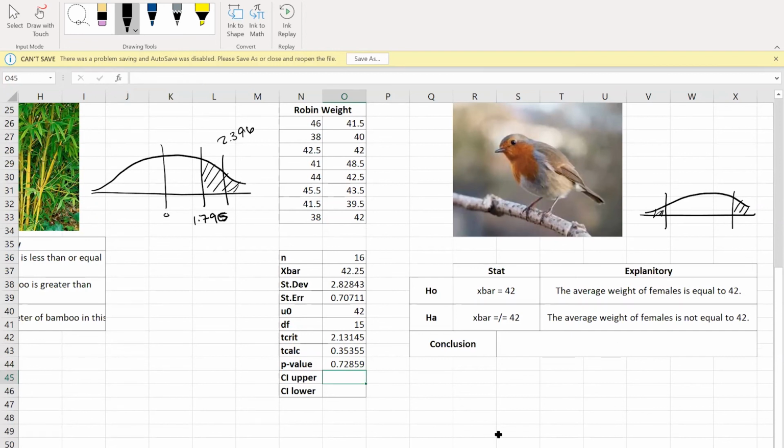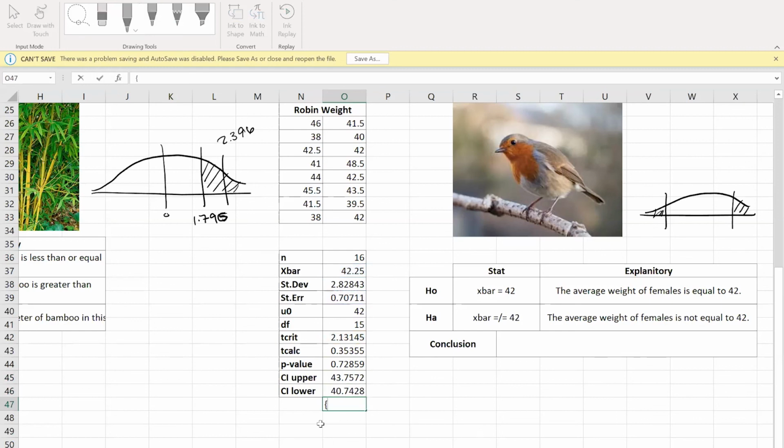So let's calculate a confidence interval for this as well, and then we can get an idea of what an extreme value might actually look like. So this is our mean plus our critical value times our standard error. And this would be our mean minus our critical value times our standard error.